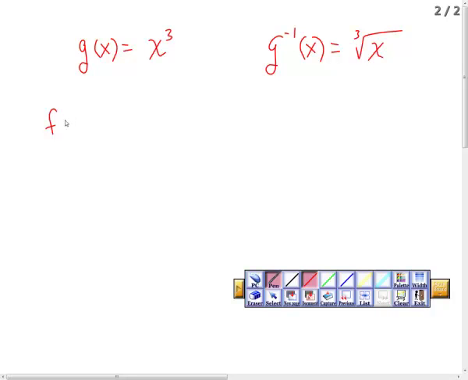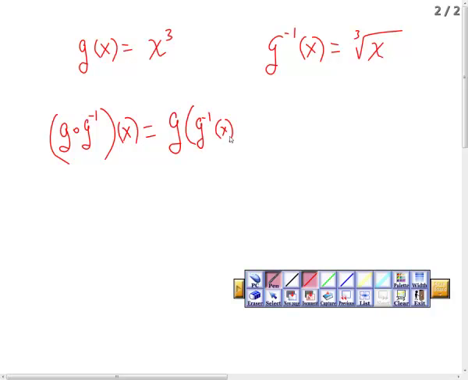So we take g of its inverse of x. So that'll be g of inverse of g of x. So basically we're taking the g of x, and it's like we're cutting that x out, and we'll put parentheses there.